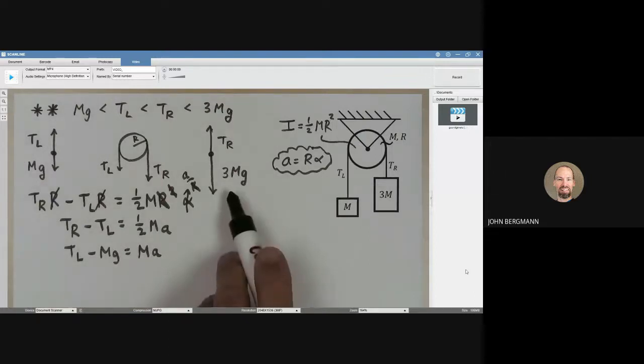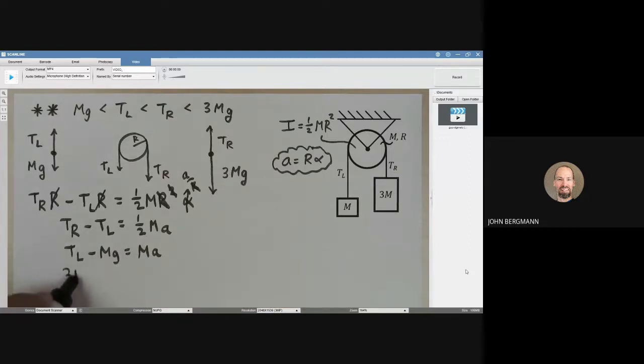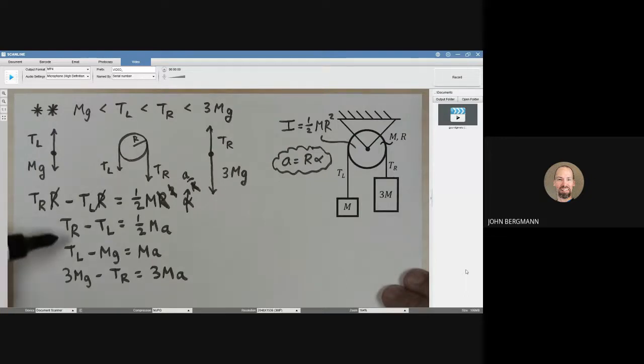Now the free body diagram in roughly the middle of the screen: 3mg minus TR equals that mass, which is 3m, multiplied by the acceleration. And now we have here three equations and three unknowns. The unknowns are TL, TR, and a, and there are our three equations. So now it's just a matter of solving these.